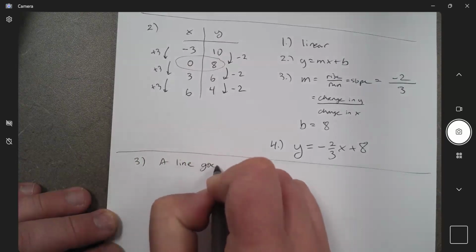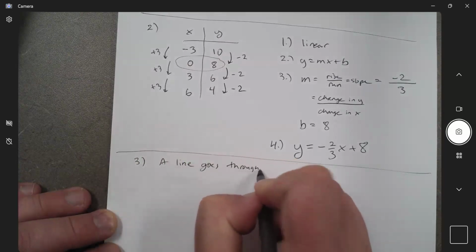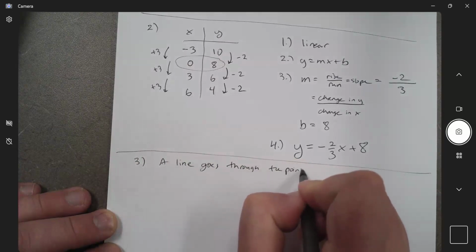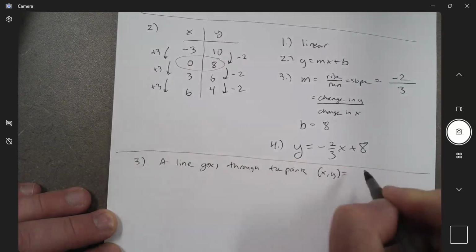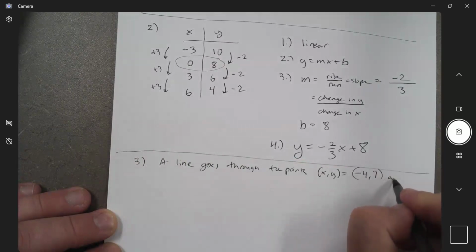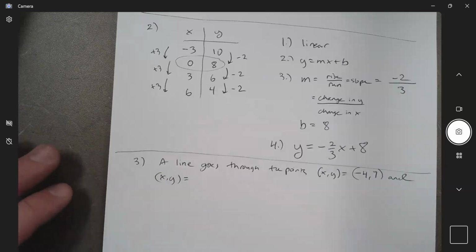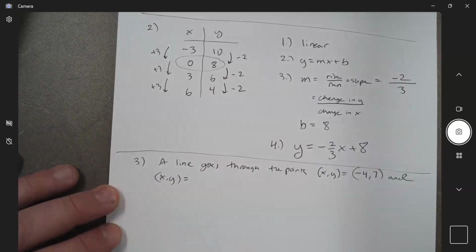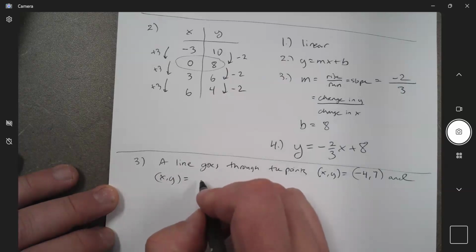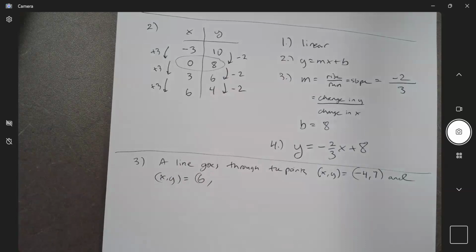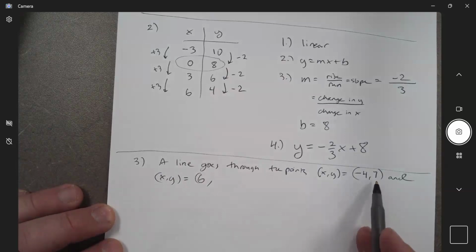The line goes through the points xy equals -4 and 7, and xy equals, let's see, 6, comma, 22.